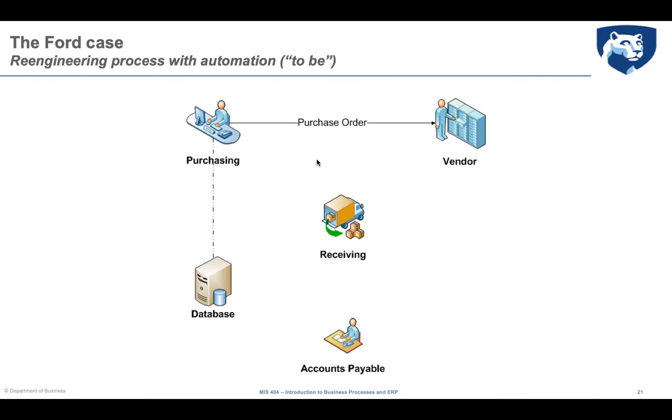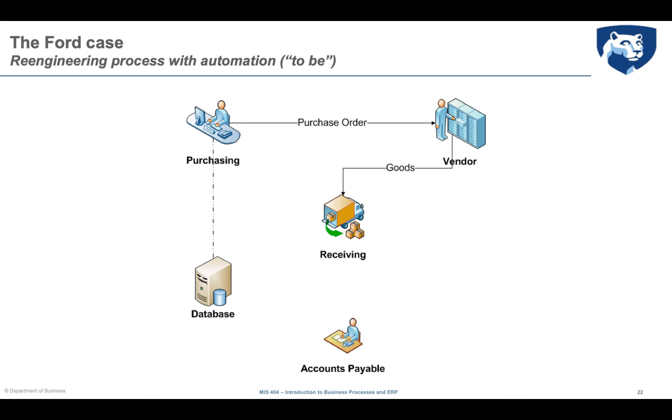So the solution was introducing technology to automate the process. That's how Ford re-engineered the process with automation. When a purchase order was issued, procurement people were including in parallel this information in the system, which was not sent manually, paper-based, to accounts payable, but was included in the database. Then the vendor would send the goods to the production plant.